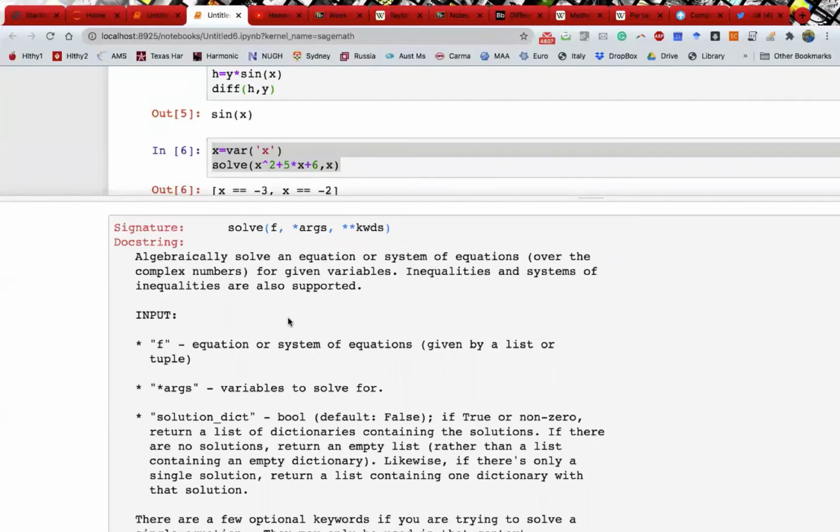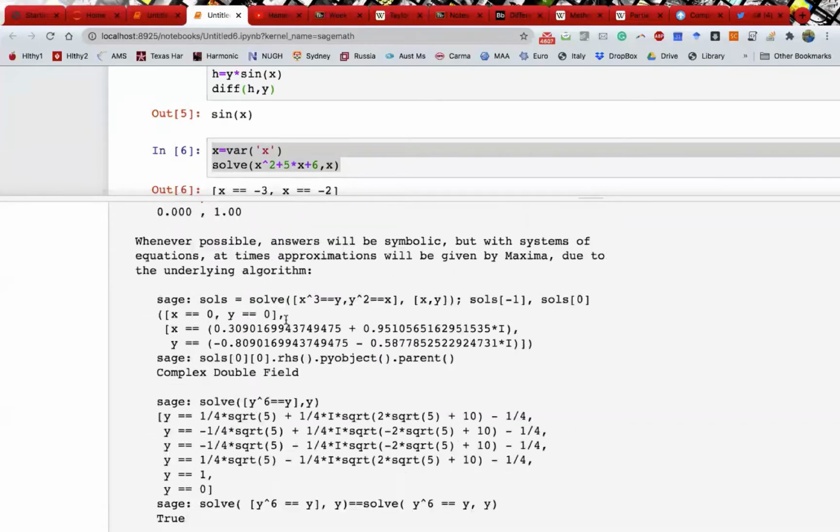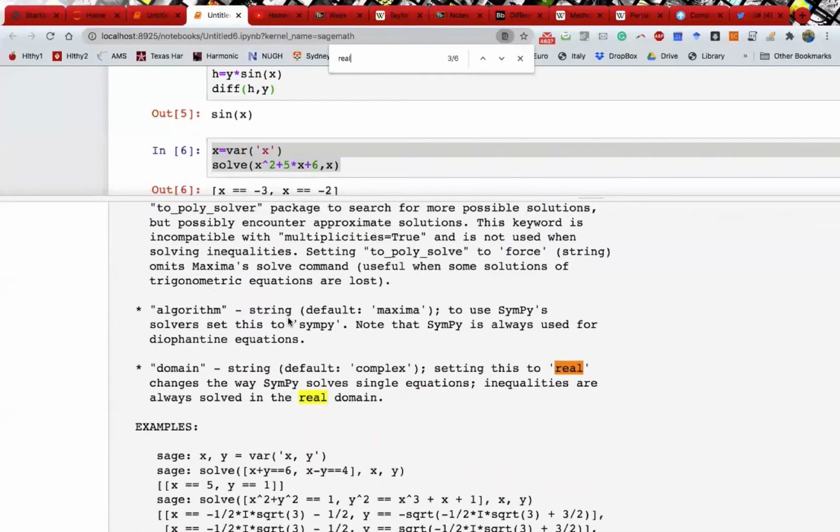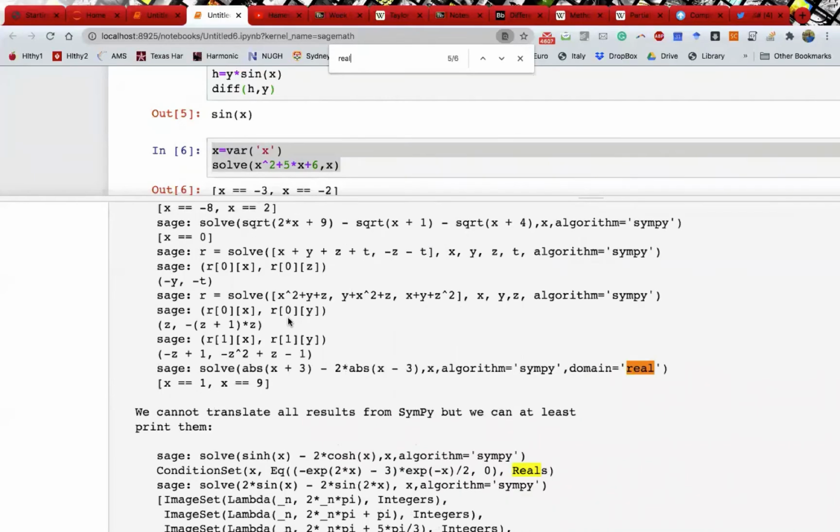Then here you can see a lot of information, but we can do some cheating, typing real and finding the way that we want. Okay. One of them is this one. I did it with this one.